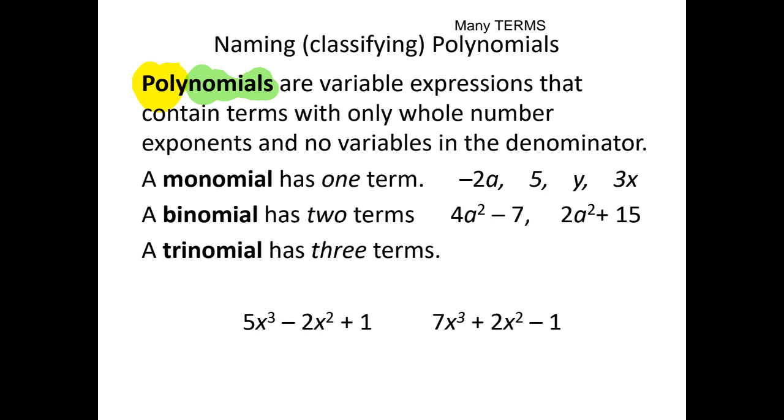That's what it means. Poly is many, nomial is terms. Now, polynomials are variable expressions that contain terms with only whole number exponents. And that's the key, whole number exponents.